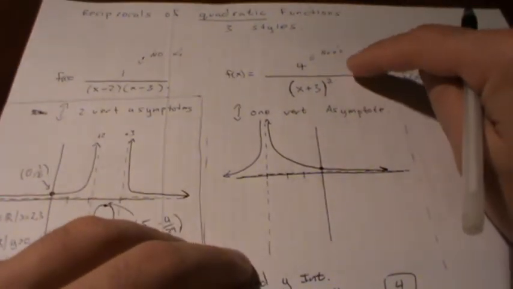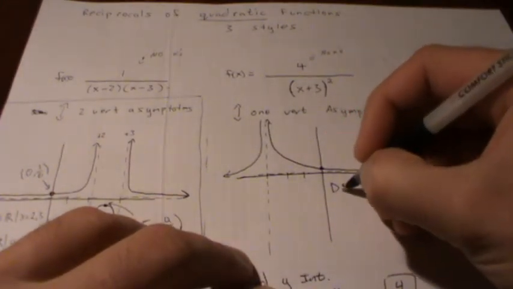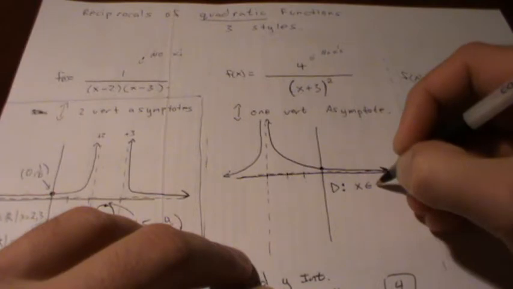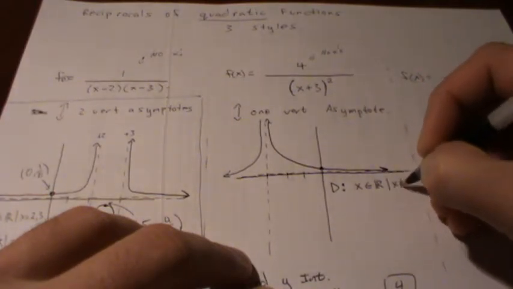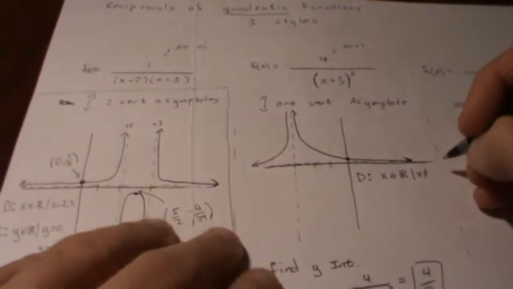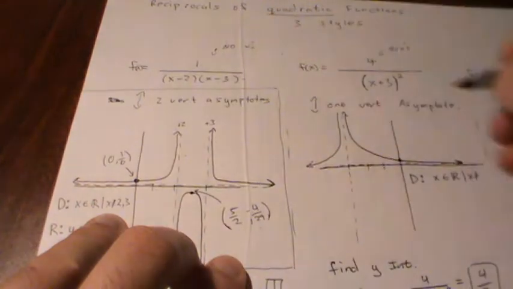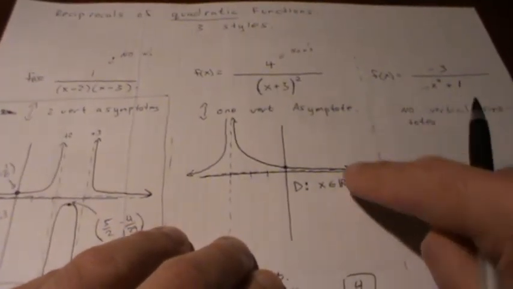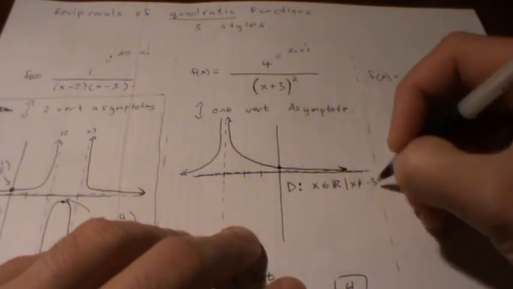Sorry, of this function. And so the domain is x is a real number such that x cannot equal, oops, over here I actually wrote equal. What I meant to write is not equal. And then so over here, not equal to -3.